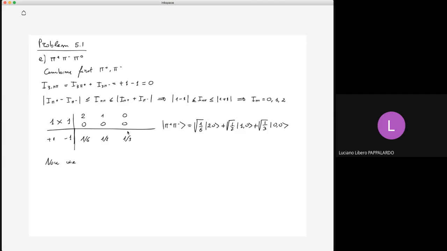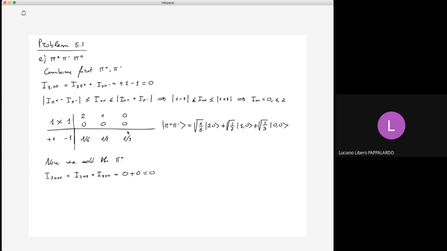Okay? Now we add the third pion, the pi 0. So now we have to compute the third component for the 3 pion state. That is I3 for the 2 pions plus the one of the pi 0, that is 0 plus 0, 0.